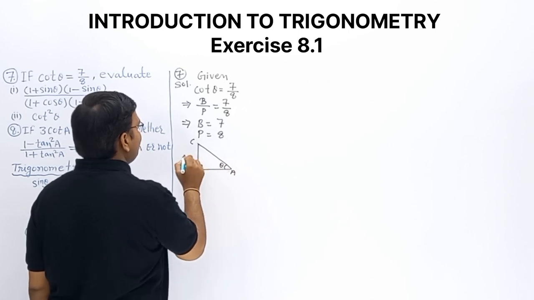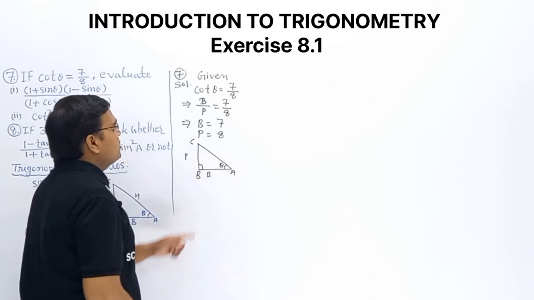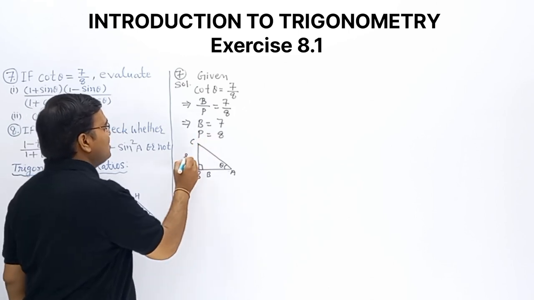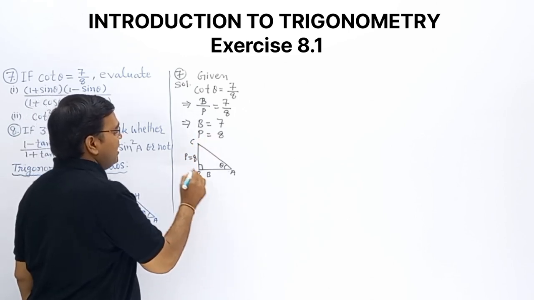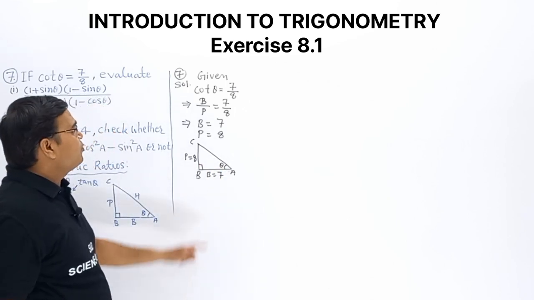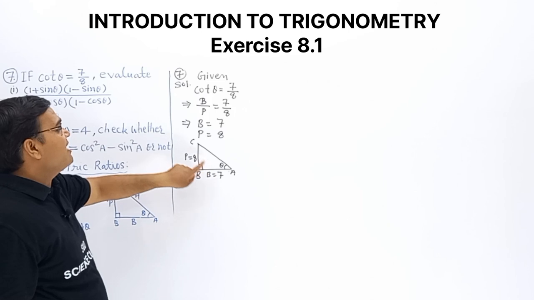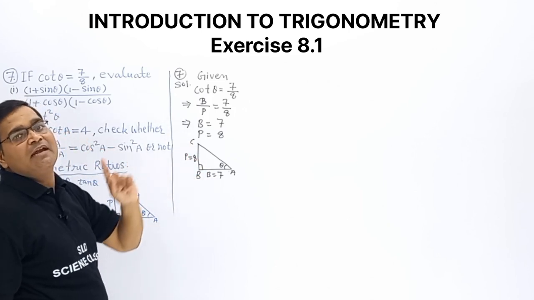Its opposite side is the perpendicular and its adjacent side is the base. The perpendicular is 8, and this one is 7 units. So from the given ratio we can write the two sides of the right triangle.